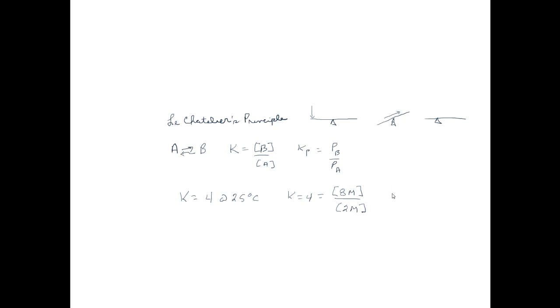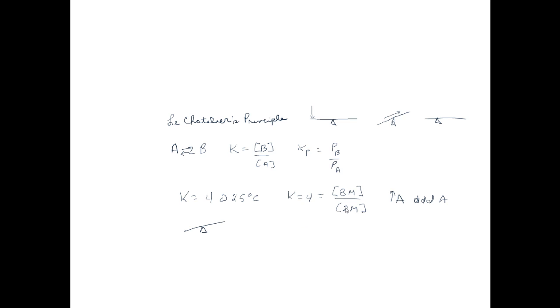Alright, so in this system, if I increase the amount of A, so I add some more A, add A. Well, what does that look like on the seesaw? Well, the seesaw was balanced and now it's out of balance because we got too much reactant.